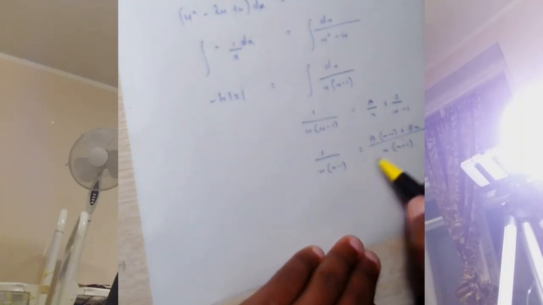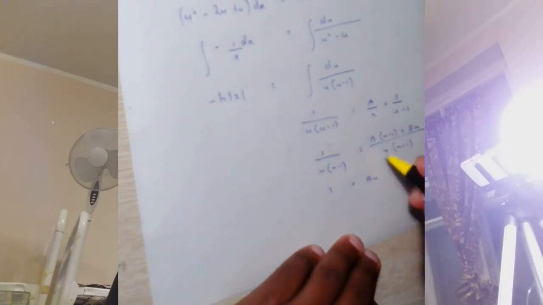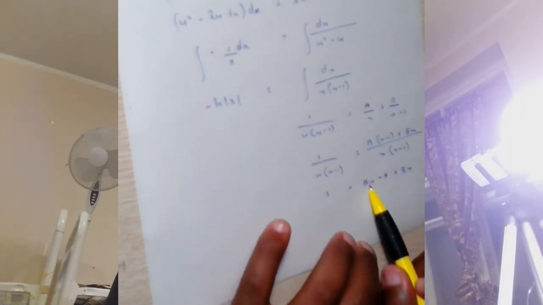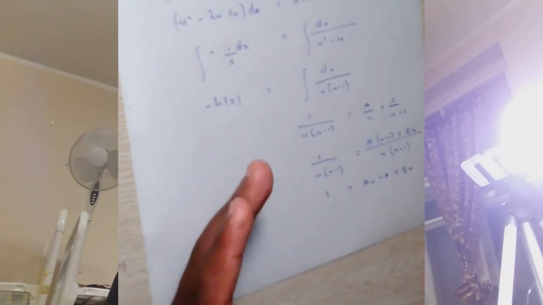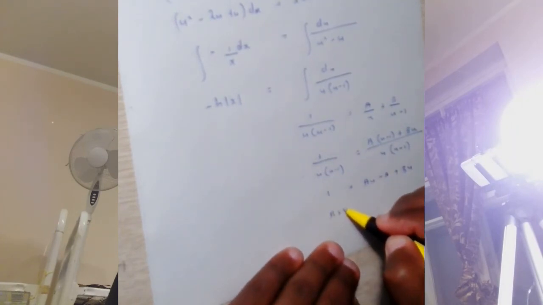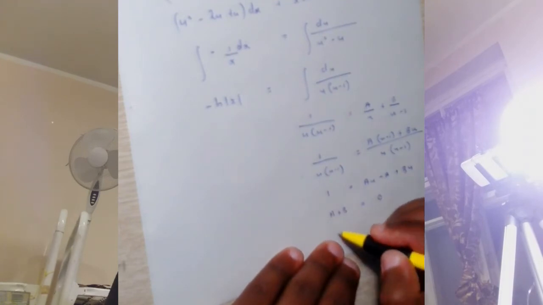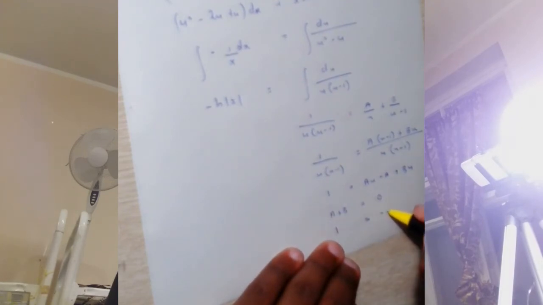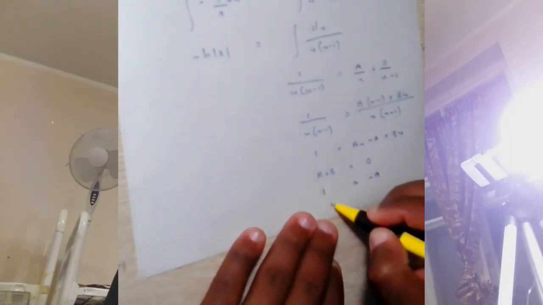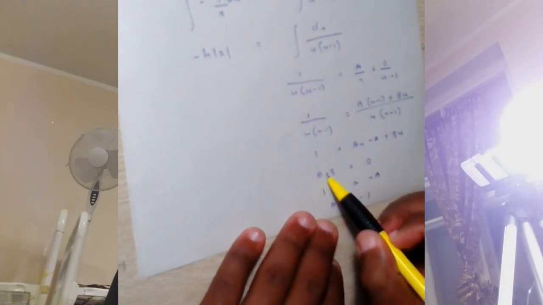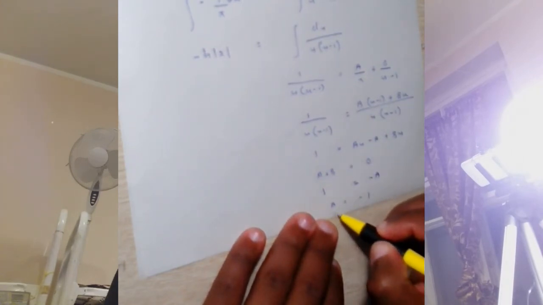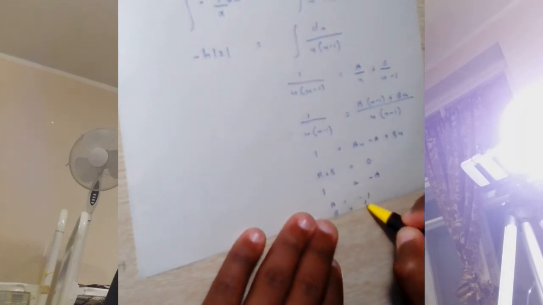So right now from this I have an equation 1 is equal to a u minus a plus b u. So the coefficient of u on the left side is 0, so we have a plus b equal to 0, and for the constants it's 1 on the left side, and on the right side it's equal to negative a, and this means a is equal to negative 1, and from this equation it gives b equal to positive 1.